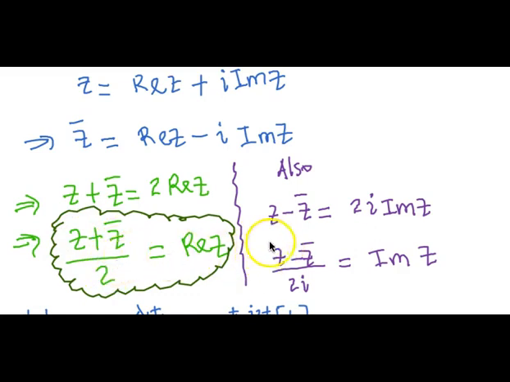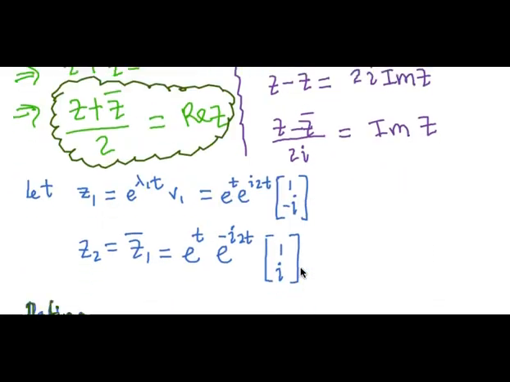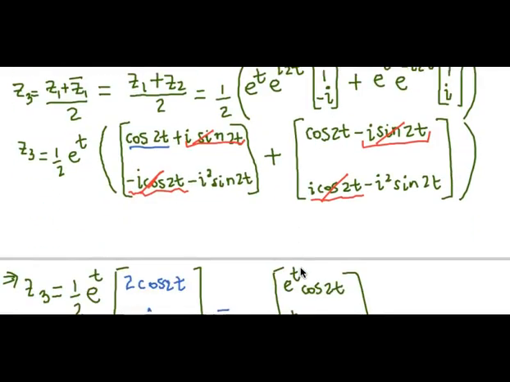So motivated by the other calculation, in which you can represent the imaginary part only by subtracting and dividing by 2i, we're going to define now a vector z4.